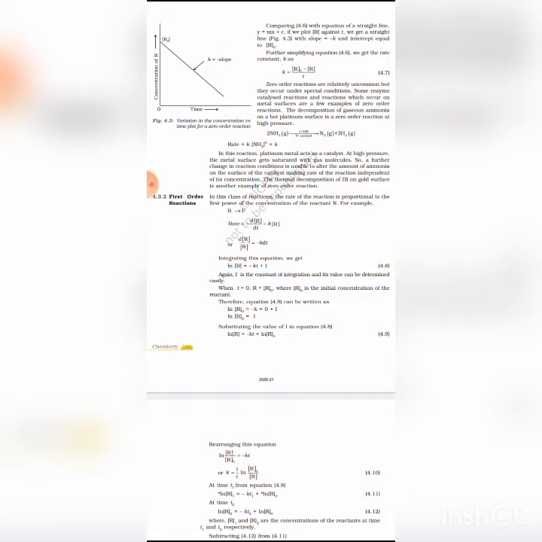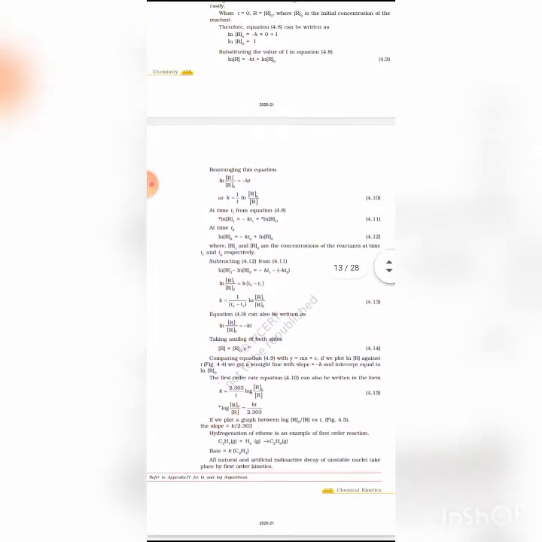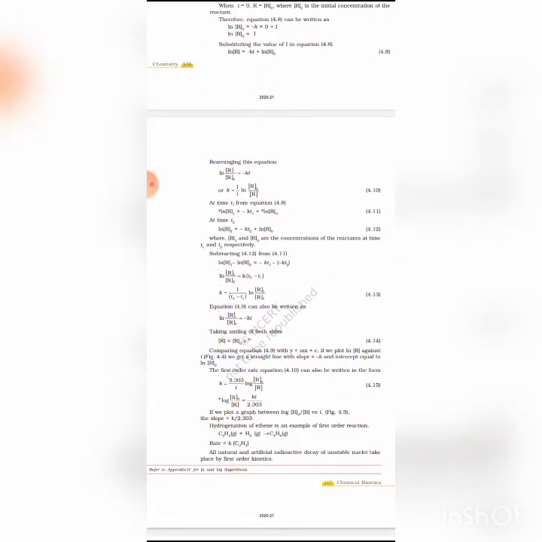And the initial rate method: this method is used to determine the order of reaction in cases where more than one reactant is involved, and it involves determination of the order of the reaction with respect to each reactant separately.